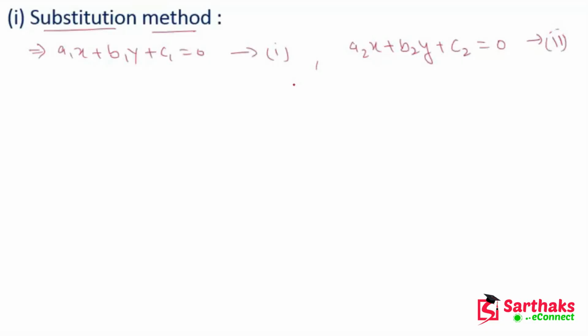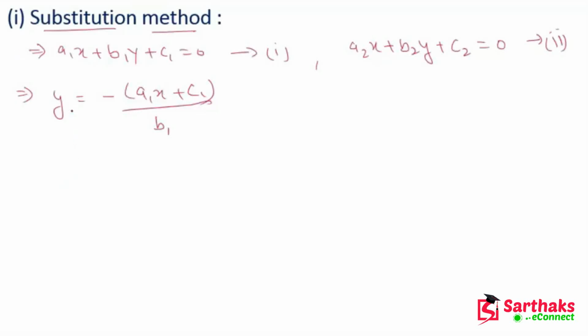Now in this method we have to find the value of one variable from equation 1, and put the value of that variable in the second equation. You can find the value of any of the variables. Let's suppose we are finding the value of y, so it will become y equals minus of (a1x plus c1) divided by b1.